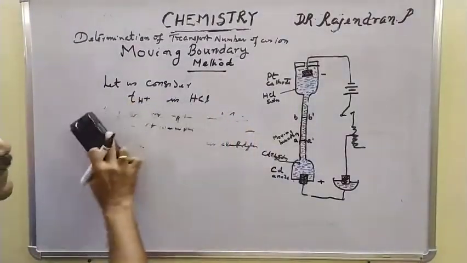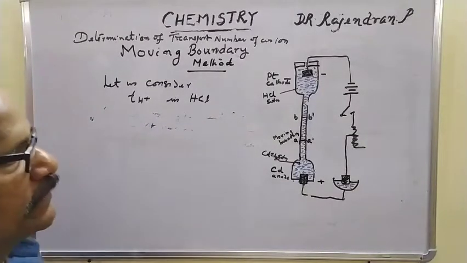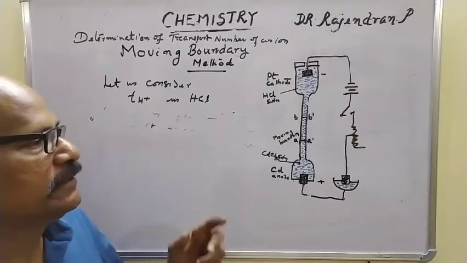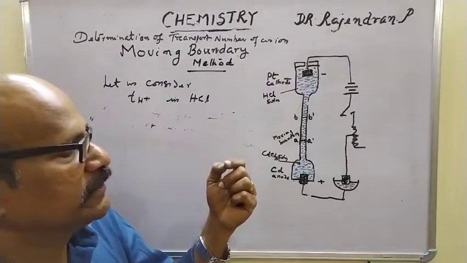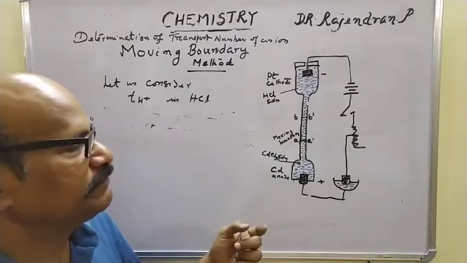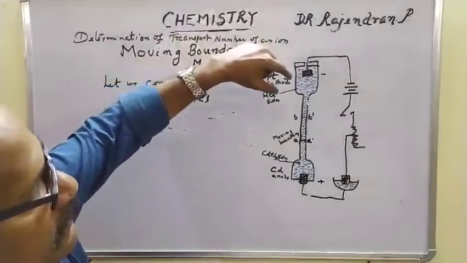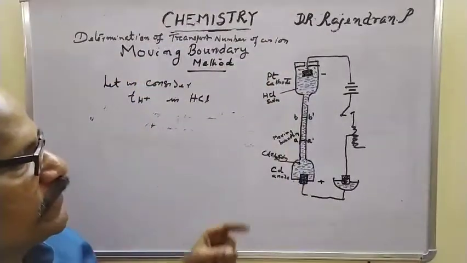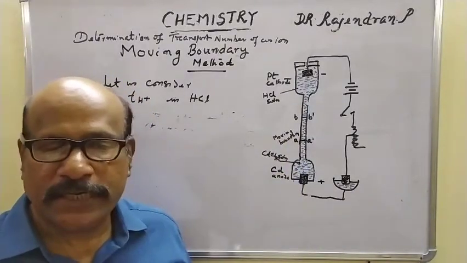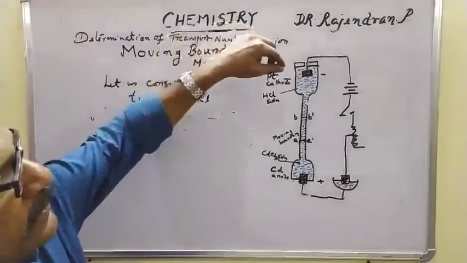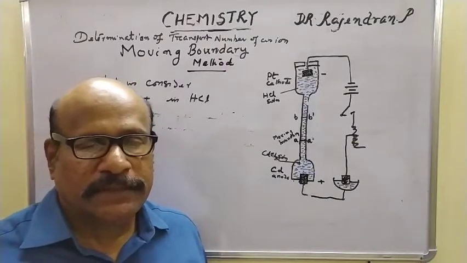So we have to take two electrolytes, HCl and cadmium chloride, in a specially designed vertical glass tube, a long thin glass tube which is kept vertically, with a thin cylindrical glass tube in the middle, whose cross-sectional area and length are known, and it is filled with the two electrolytic solutions.